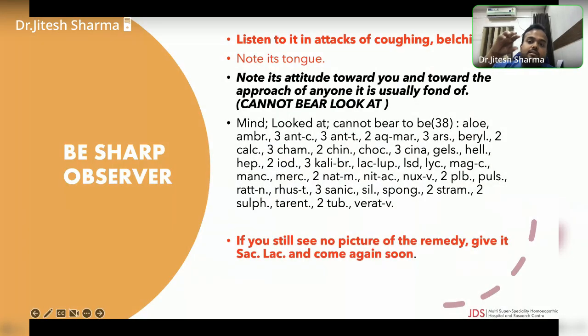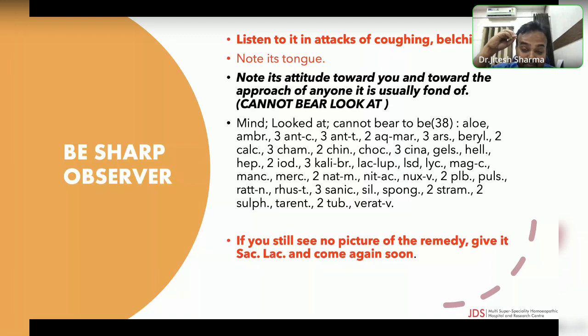Next, the attacks of coughing and belching, how the child is doing. You need to hear it well. You need to see it well. Even the tongue, you need to check what type of tongue it is. Is it coated? Is it clean? This has to be observed.